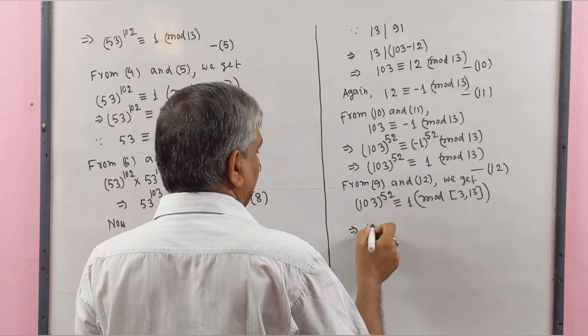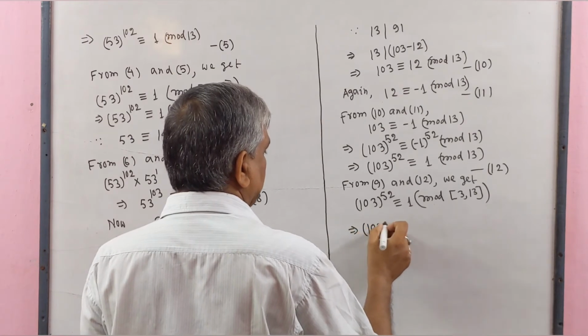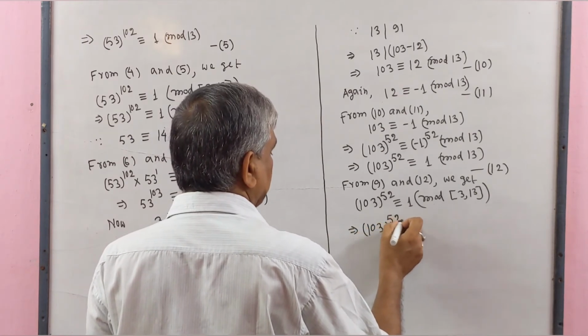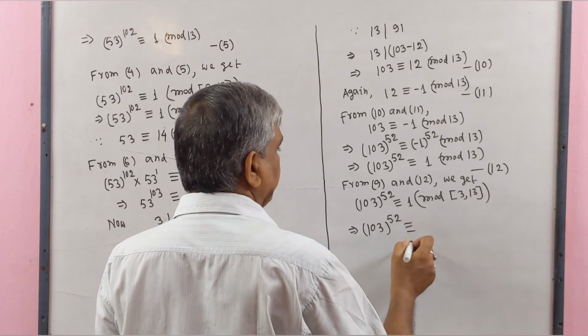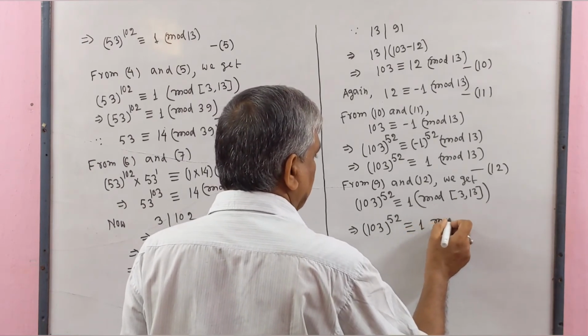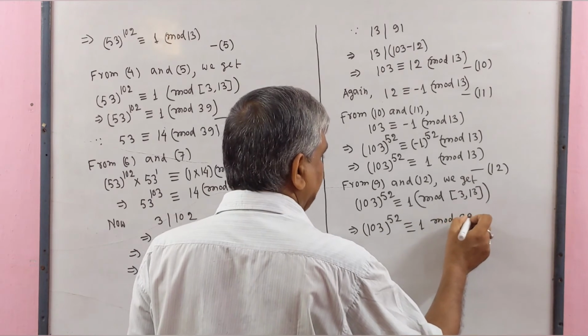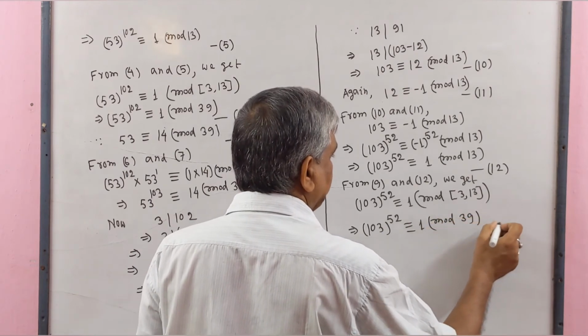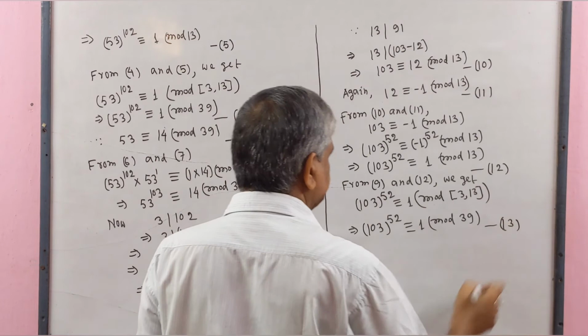This implies that 103 to the power 52 is congruent to 1 modulo 39. This is number 13.